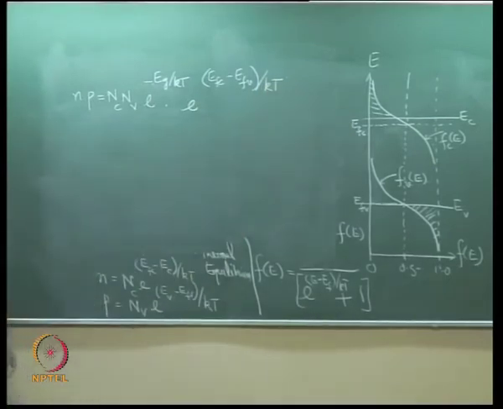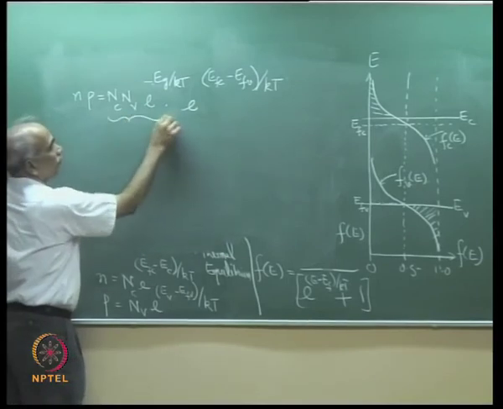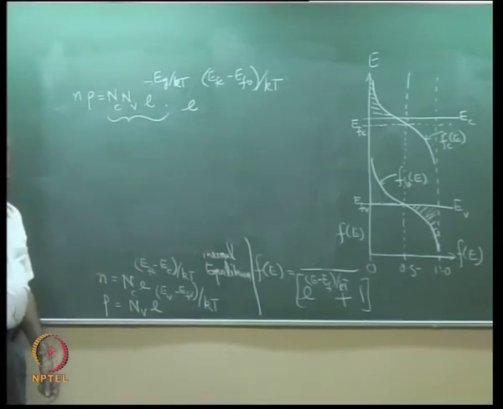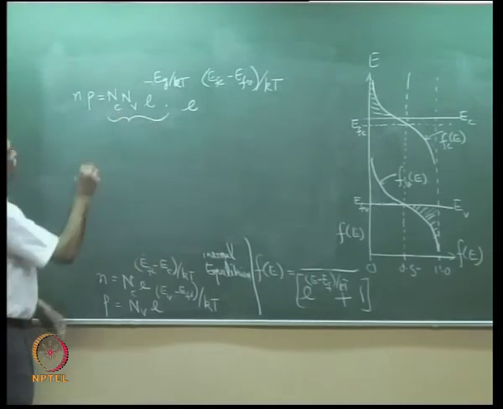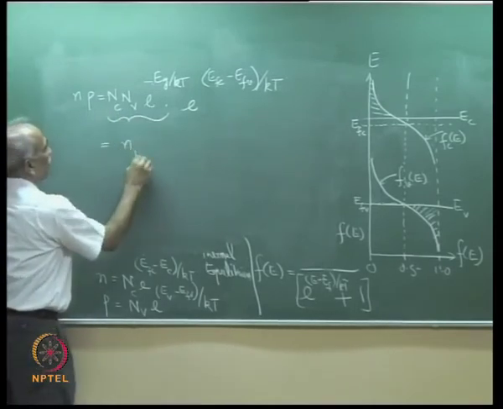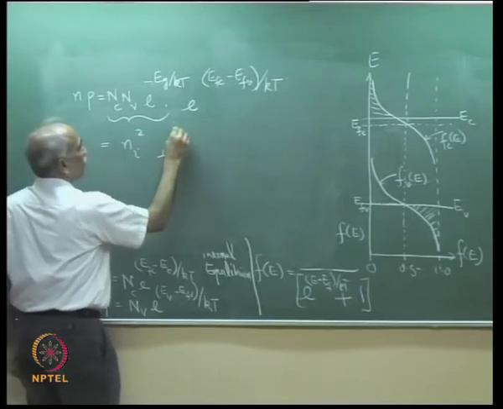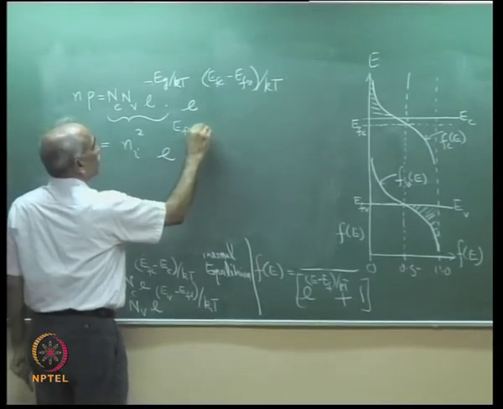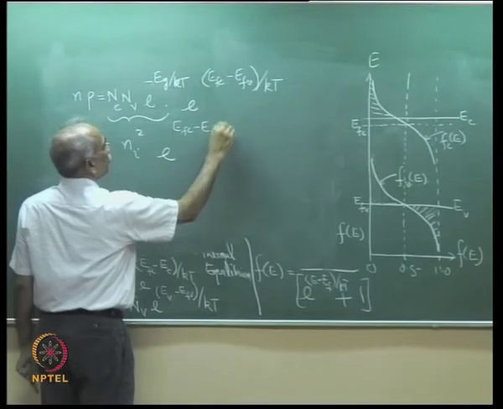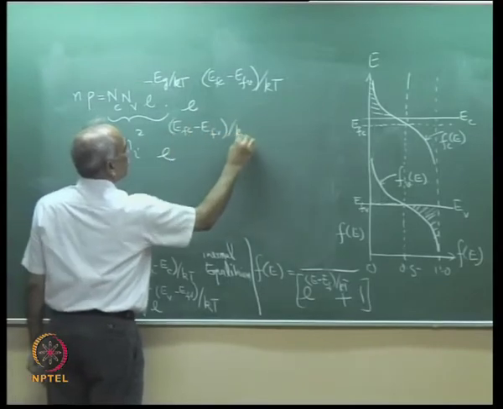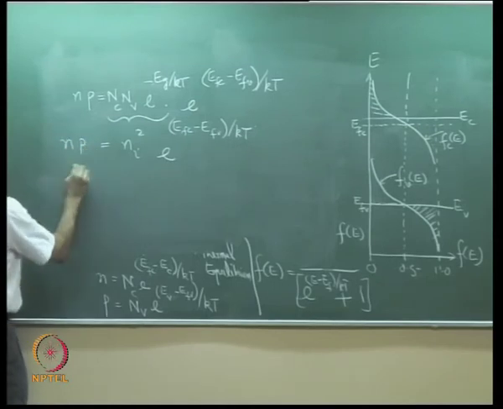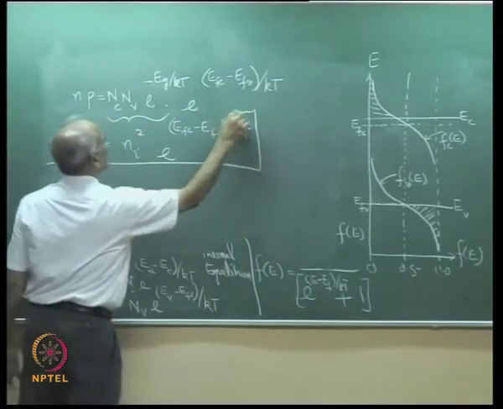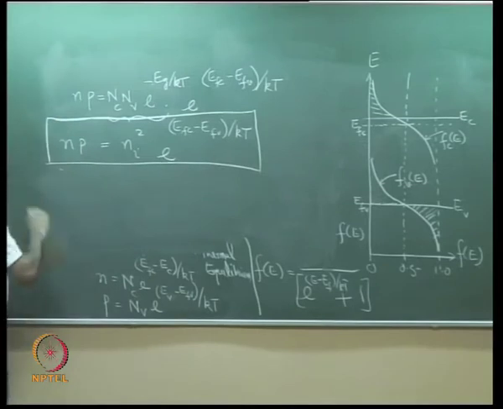What is this term? It is Ni square. Therefore, this is equal to Ni square into e to the power EFC minus EFV by kT. So, N into P is equal to this by kT.